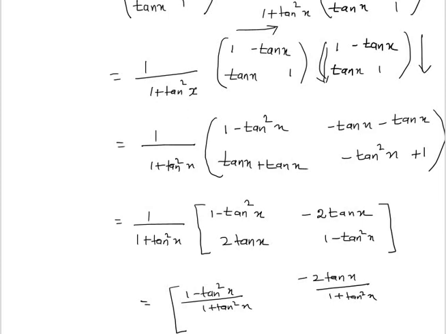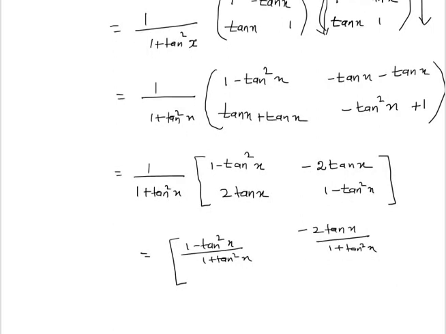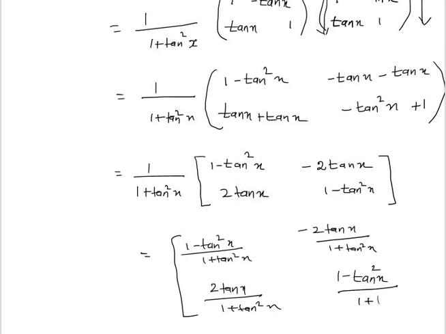And the second row, what will you get? 2 tan x by 1 plus tan square x. That is, each element of the matrix is to be divided by what? 1 plus tan square x.